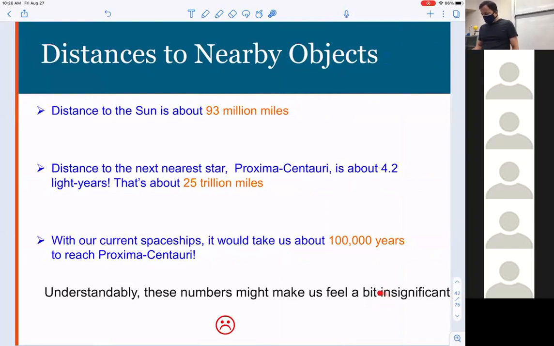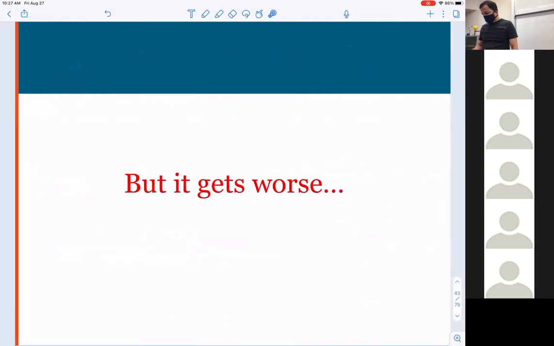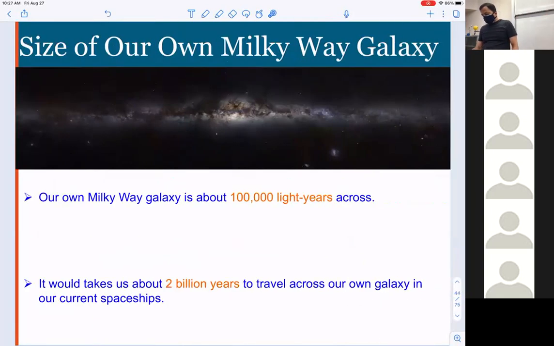So these numbers might make us feel a bit insignificant. Or you can look at it in a more positive way that takes the pressure off. None of this matters. So just relax, enjoy. But it gets worse, because our own Milky Way galaxy is about 100,000 light years across.